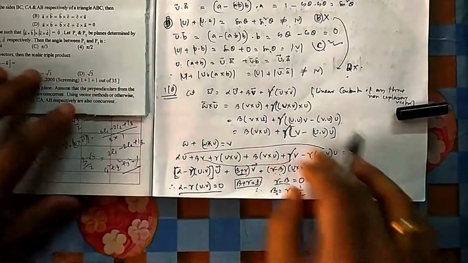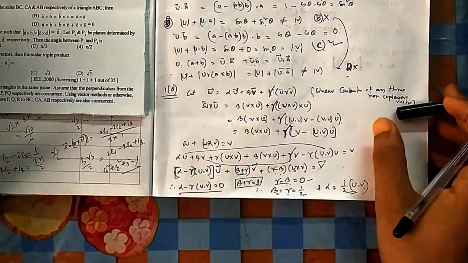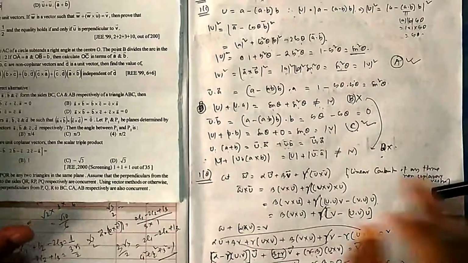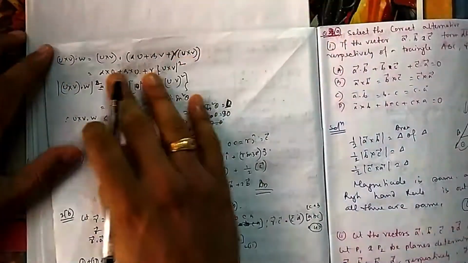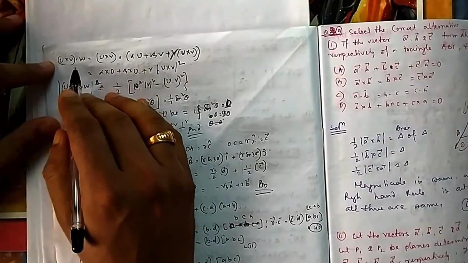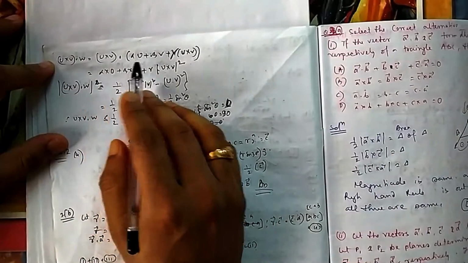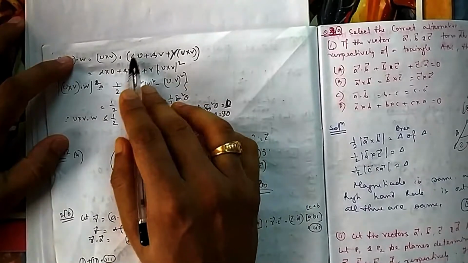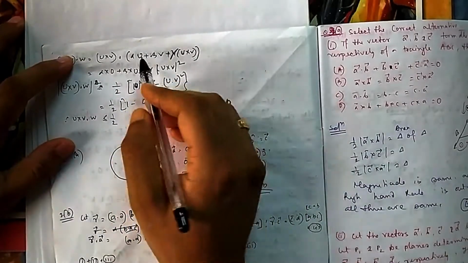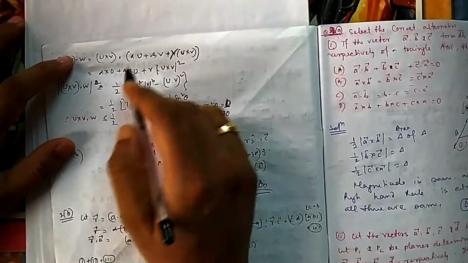Once you know this, you know the expression for w in terms of u and v, because you know alpha, beta, gamma, then you can put it there in whatever expression they want to prove. So they need u cross v dot w. Instead of w I am writing this expression.